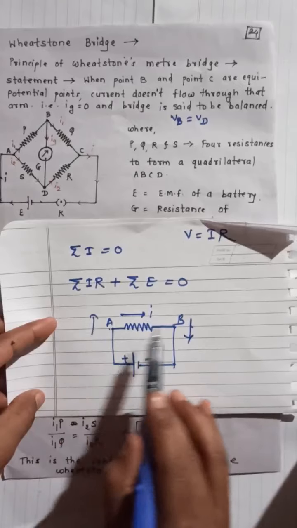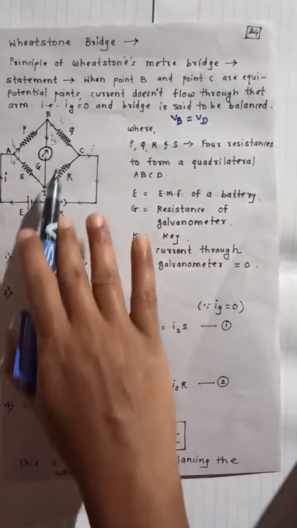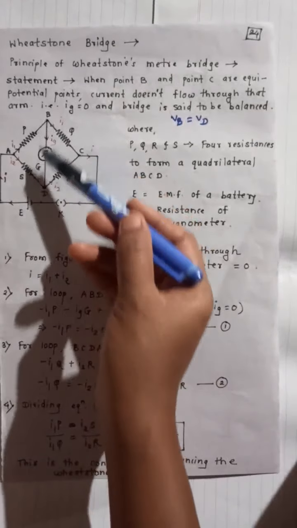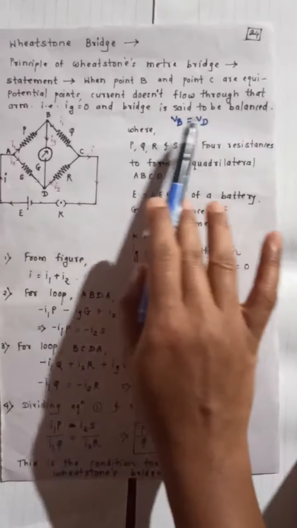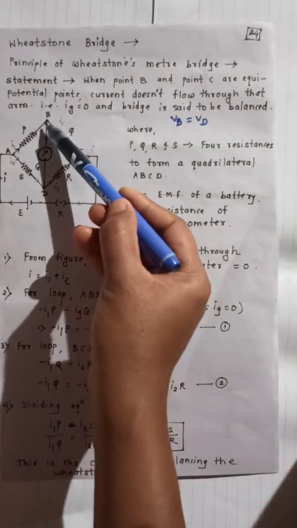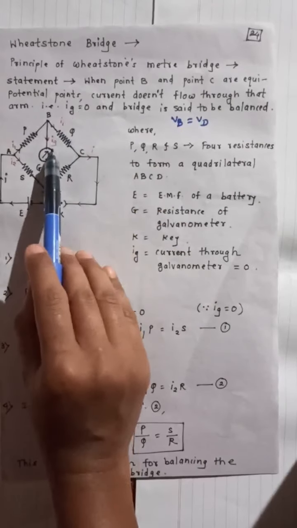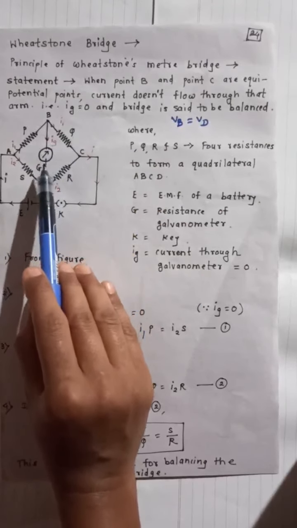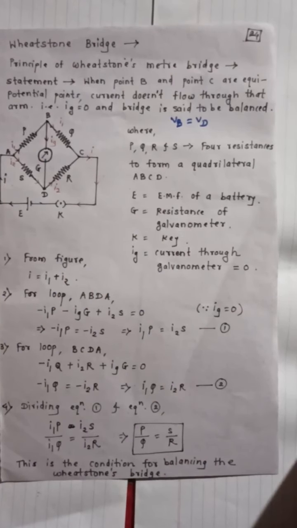If both points have the same potential, current doesn't flow. The same concept is here. If point B and point D are the same in potential, meaning VB equals VD, then current does not flow through this arm, meaning IG equals 0, the current through the galvanometer, and the bridge is said to be balanced. This is the balancing condition, a very famous condition.